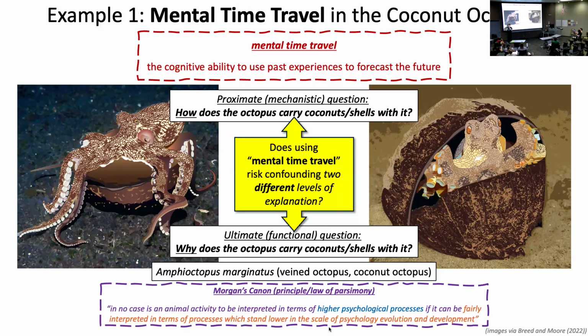So it's advantageous for the coconut octopus to carry around coconut shells. And I don't think you need a mental state for that story. I don't think that is absolutely necessary to explain this behavior.